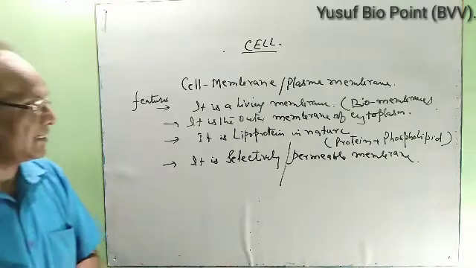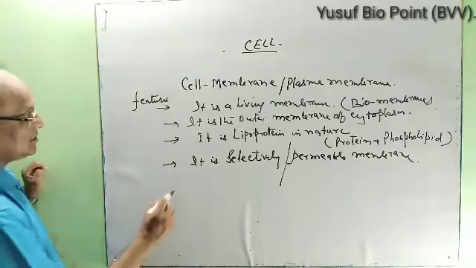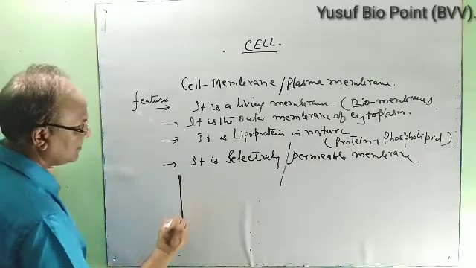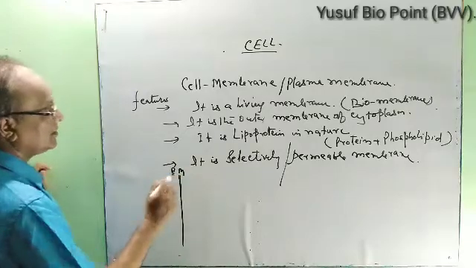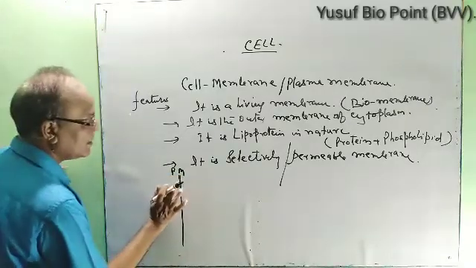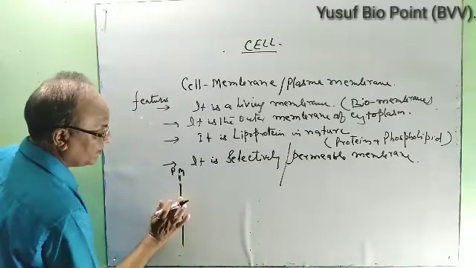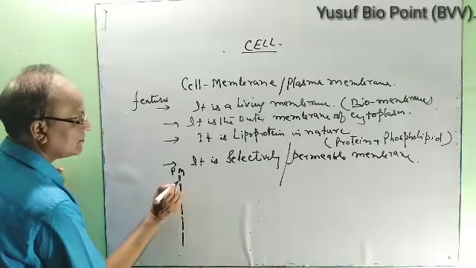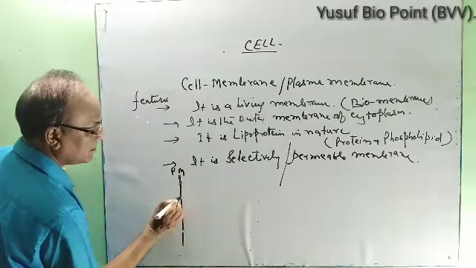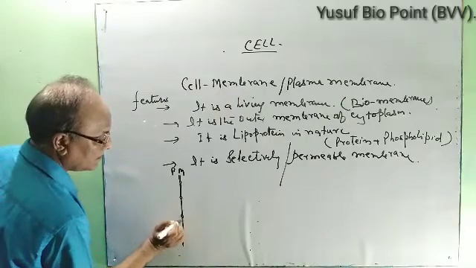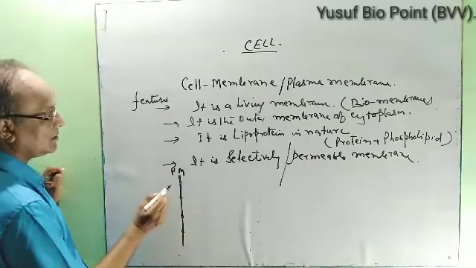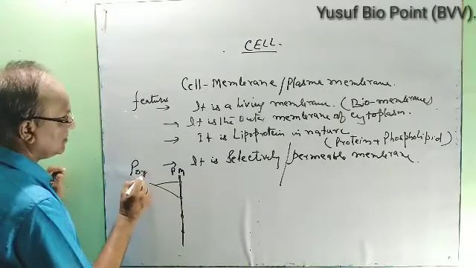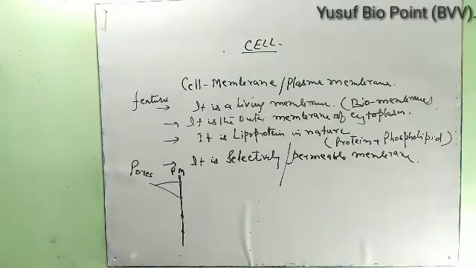What do we mean by a selectively permeable membrane? Suppose this is the plasma membrane. In that, many holes are found.